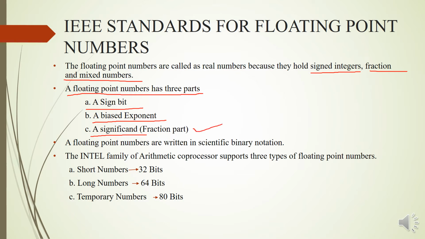Floating point numbers are written in scientific binary notation. The Intel family of arithmetic processors supports 3 types of floating point numbers: short numbers of 32-bit length, long numbers of 64-bit length, and temporary numbers of 80-bit length.